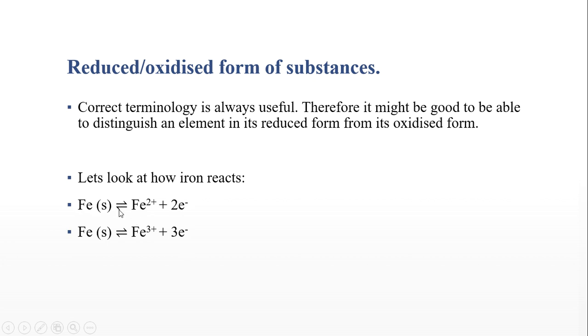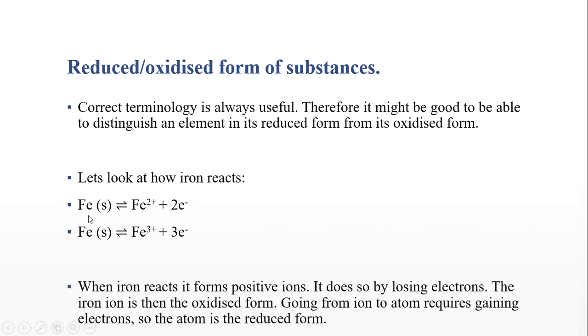And I've added double arrows just to indicate what happens if the reaction goes back the other way. So, when iron reacts, we form positive ions, right? And we do that by losing electrons. Losing electrons means oxidation, right? So in order to form these ions, we need an oxidation. So that's why we say the iron ion is in its oxidized form.